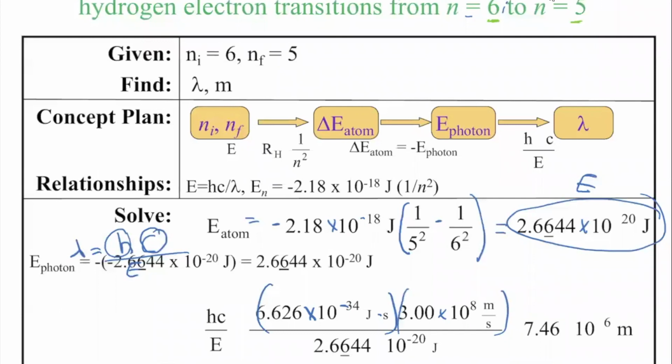And now you have your answer in meters, which you should convert to nanometers, because it's best to convert it to nanometers. And you're going to have a question just like this on the exam.